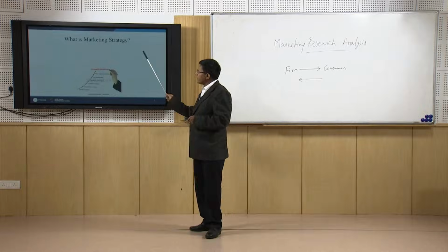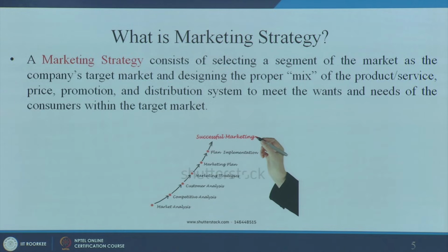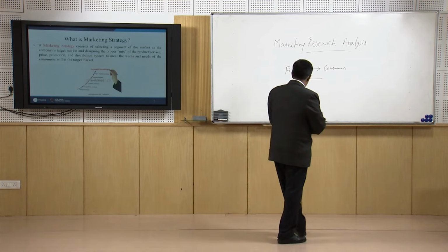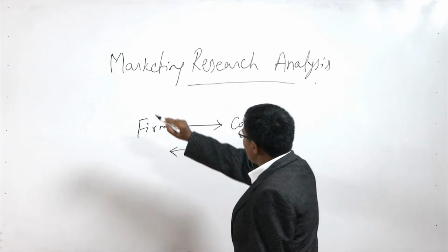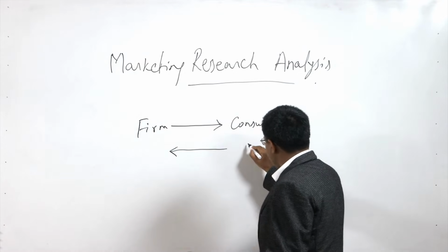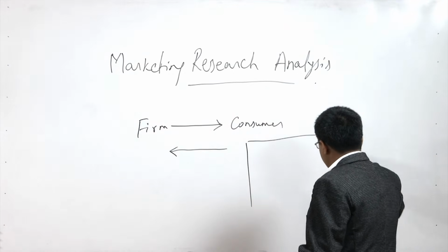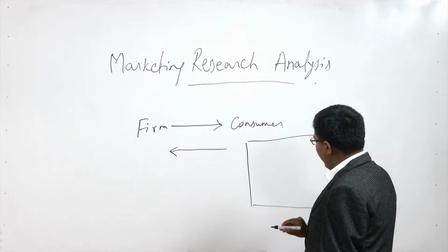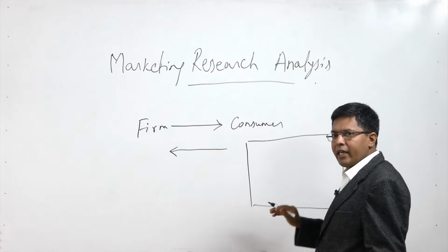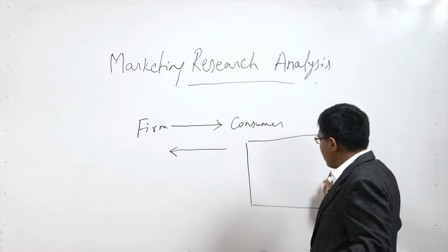Finally comes the marketing strategy, which says that it consists of selecting a segment of the market. Now, you have to understand what is a segment. Now, look at this board. Suppose this is my board, let us say, my market. Now, the point is, I cannot cater to this whole market.